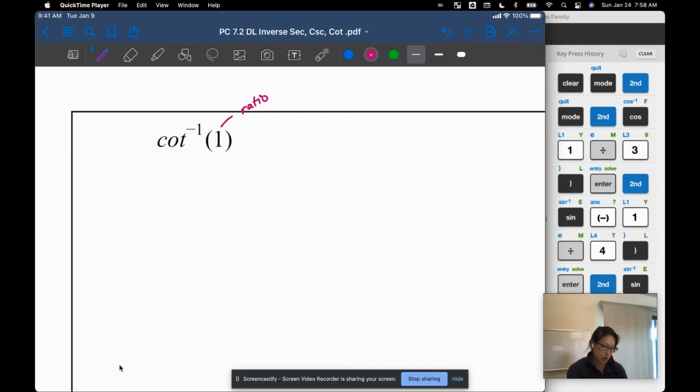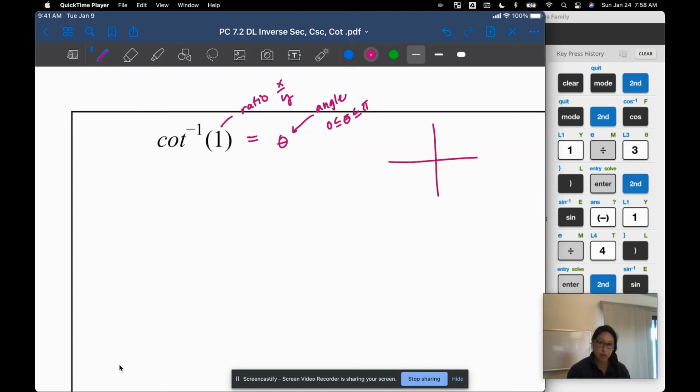The ratio of cotangent is x over y, because it's the reciprocal of tangent. What we're going to be solving for is an angle between 0 less than or equal to theta, which is less than or equal to pi.